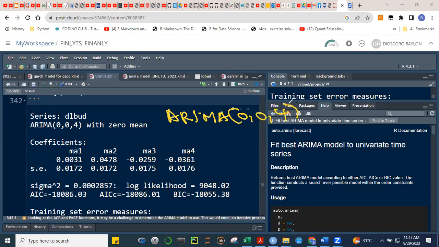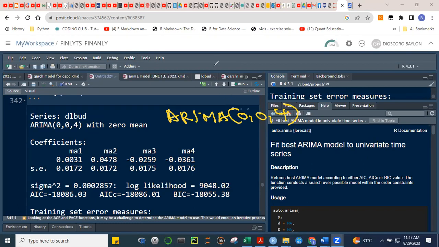It's equivalent to what? ARIMA 004, ARMA 04, also MA4. Yeah, thank you, Michael. Thank you, Rhea. You're correct. So it can be ARIMA 004 or ARMA 04 or MA4.